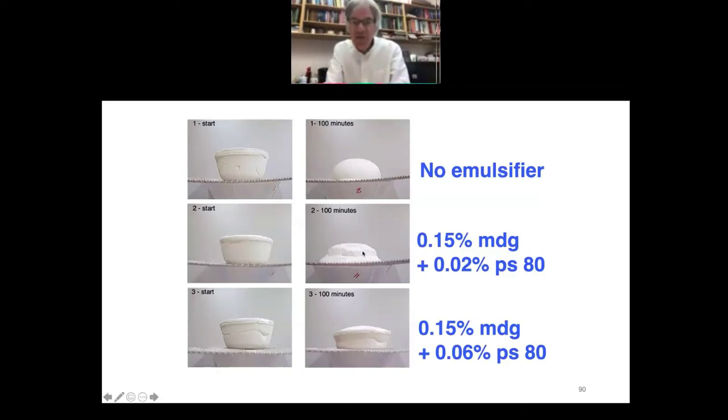As soon as you have some level of fat structuring in there, you have more hold up or more shape retention and a reduced rate of melting or meltdown. When I talk about meltdown there, I'm referring really to the dripping rate. The ice crystals in all three pictures are melting at the same rate. That's just a function of heat transfer. But as the ice crystals melt, we have this secondary structure of fat that holds the whole thing together and gives you a much slower rate of dripping and melting.